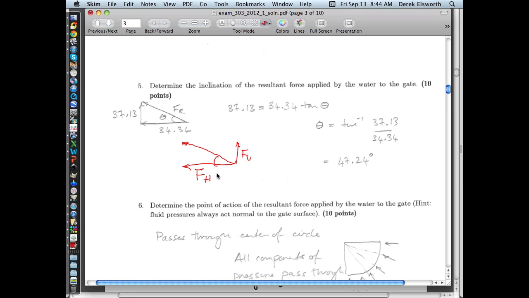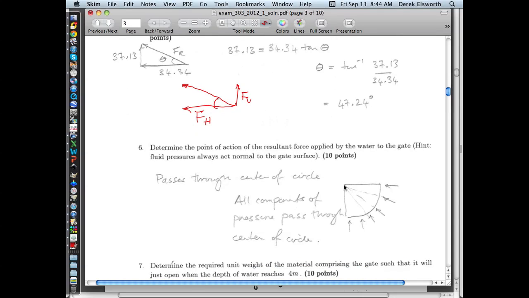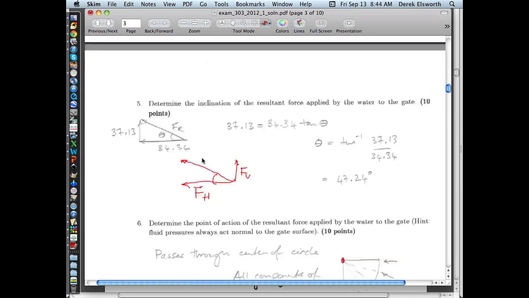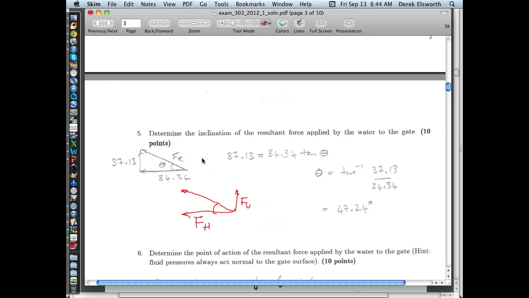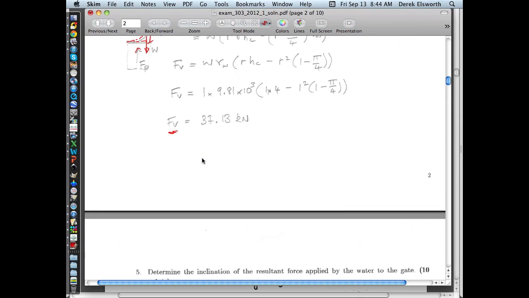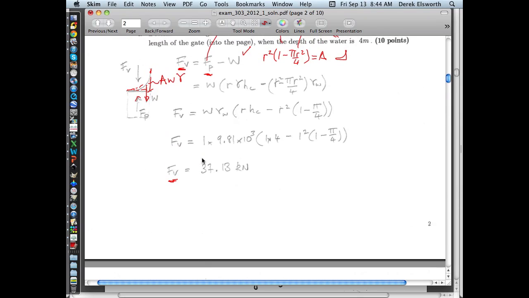You know it acts through the center of this location, and so you can ultimately take moments to figure out exactly what those are. The point is that in this you can get all but the very last 10 points just by doing these plug and chug things, calculating force vectors, etc., using these two equations we have for where forces act and the magnitudes of the forces.